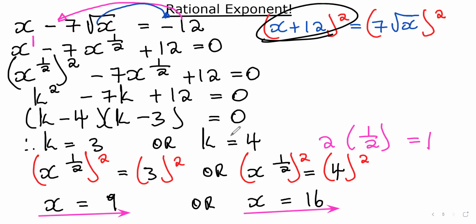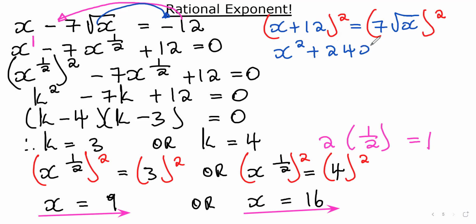And after successfully using the FOIL method in order to expand here, we simply get x squared plus 24x plus 144. And this is equal to what? 7 squared, that is 49. And of course, the square root of x, which is squared, that will give us an x.